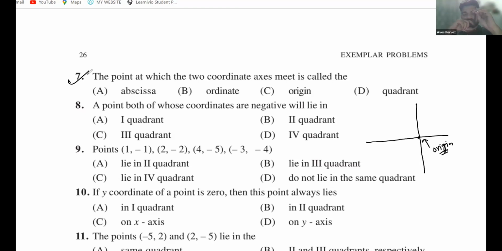Yes, sir. The point whose coordinates are both negative will lie in the third quadrant. Next question, question number 8.